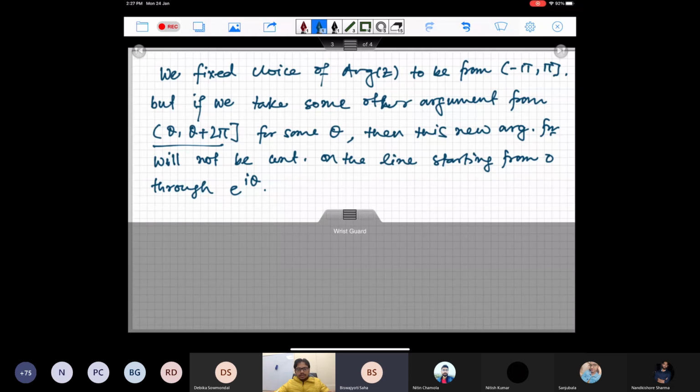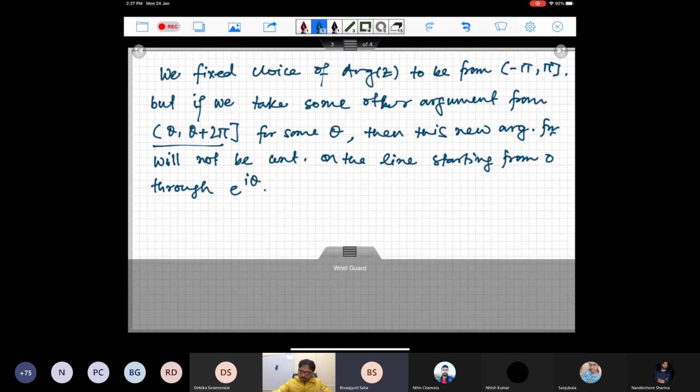So let's take any theta, some real number, and we allow our argument to take values between theta and theta plus 2 pi. Then you will still have the same problem, where you will not have continuity of your argument on the line which starts from 0 and goes through e power I theta. So for example, I can draw a similar picture over here. Let's say this is the coordinate system, and I have the circle over here, and this is my point.